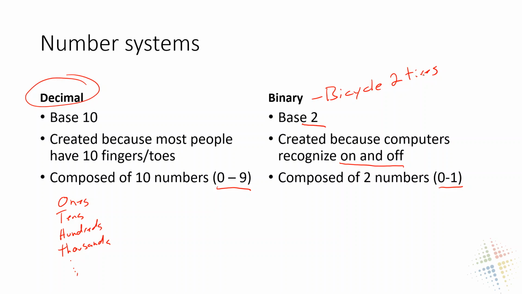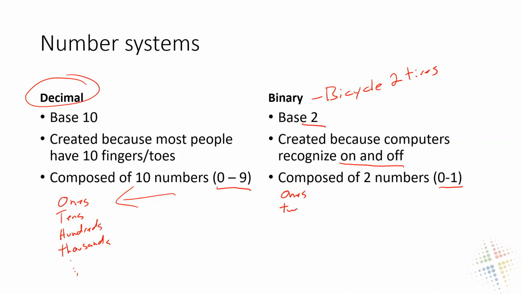So, just as we were talking about with base 10, everything multiplies by 10. We start off with ones, we then multiply by 10 to get the tens, the hundreds, the thousands, the tens of thousands, and so on. Binary multiplies everything by 2. So again, we start off with ones.